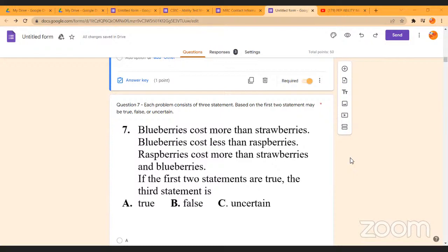Now you're going to walk me through it, Nika. Tell me how you got your answer to be false. Blueberries cost more than strawberries. Okay, so we know that, and blueberry is the boss. Blueberry is more expensive. So we can write it like this. You know that you have top shelf things and bottom shelf things. So blueberry is on top.